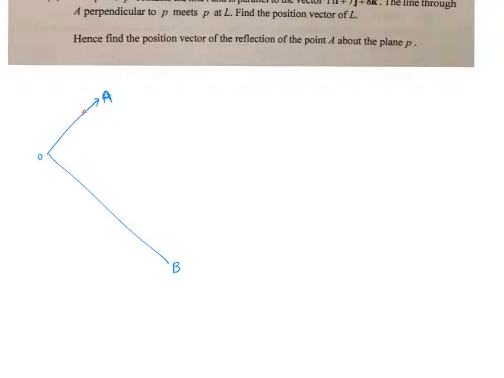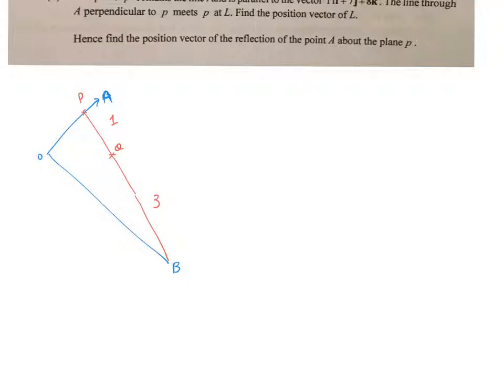Q and R are such that PQ is equal to 1/3 of QB. So if I draw the line PB first, PQ is 1/3 of QB, so the ratio is 1:3.